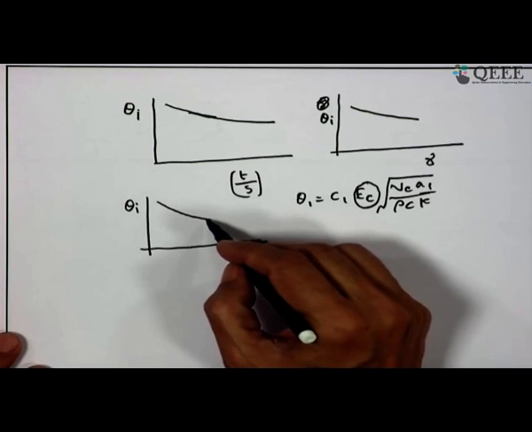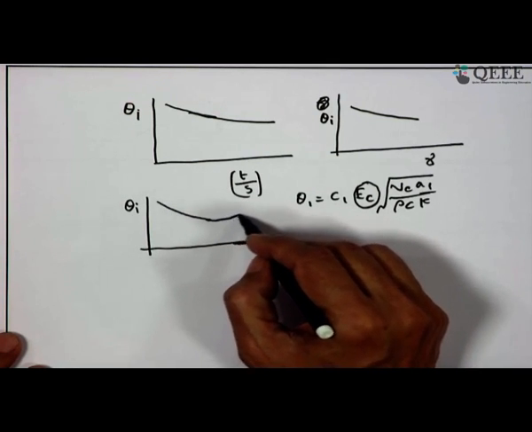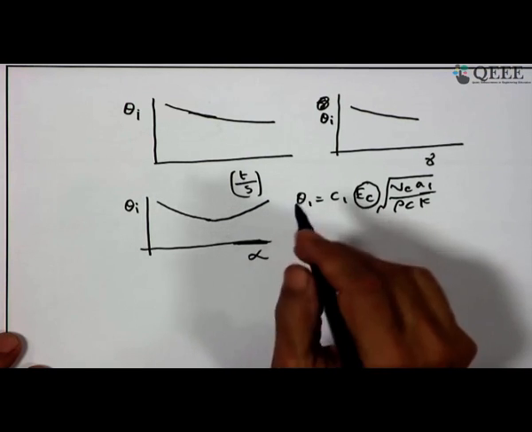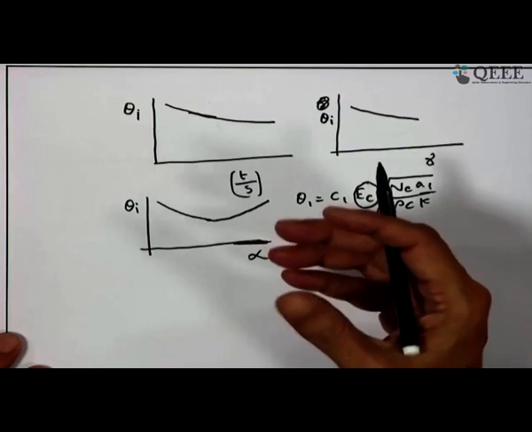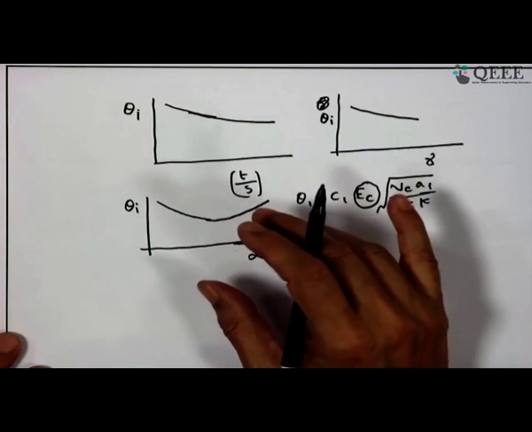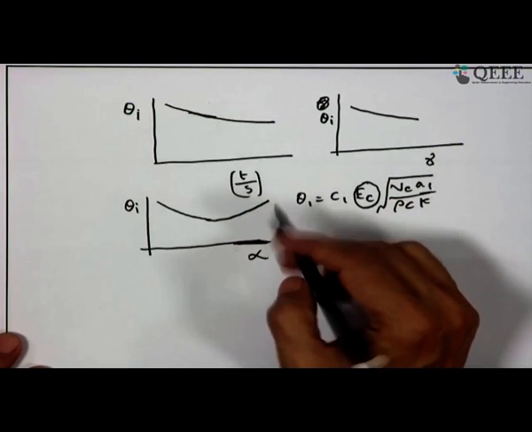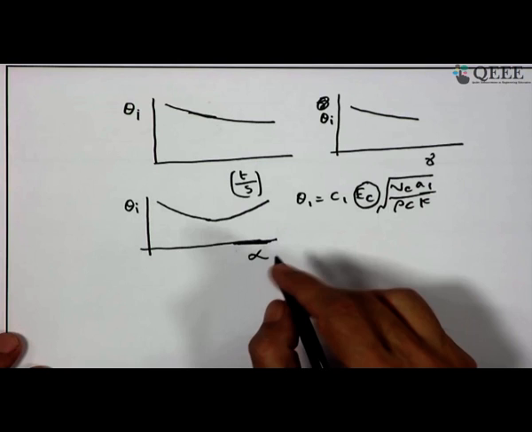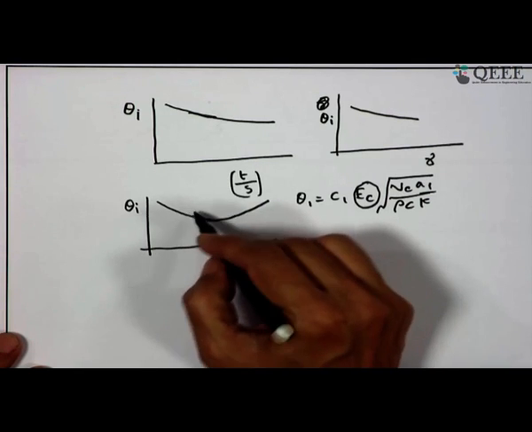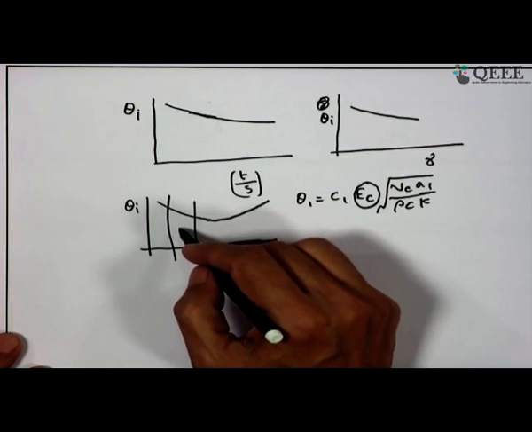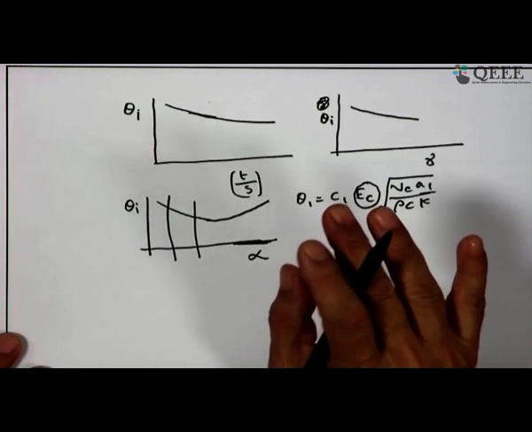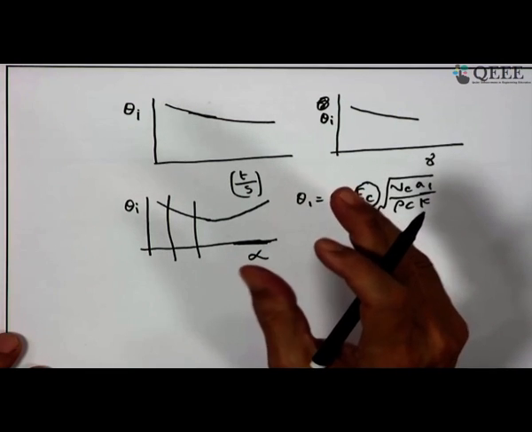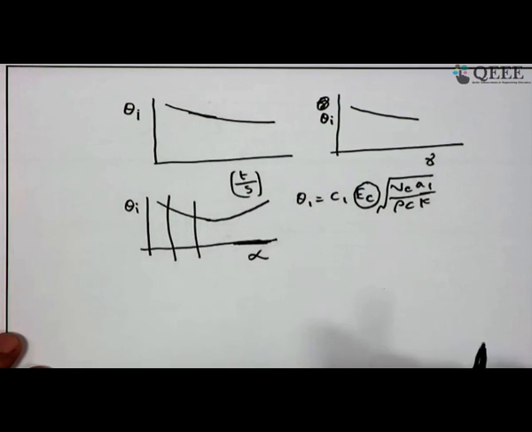But if we increase alpha too much, then there will be less mass and heat transfer will be less efficient. So, we can find that the theta I value again can go up. With a low value of alpha, we avoid rubbing and get a very favorable temperature, but when we go to the other side, the mass involved is less and we can have a rising trend.